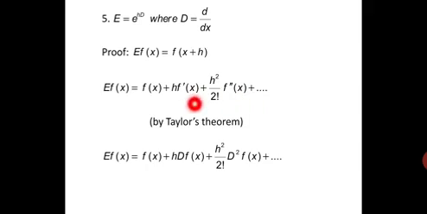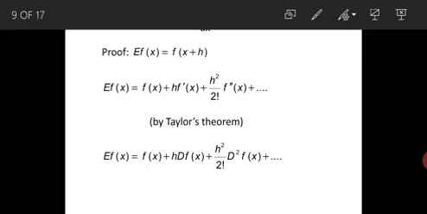Right. Now in this part, we can see I wrote f of x as it is, h as it is. This f dash, we know, means d by dx. So I wrote capital D here. Instead of this f dash, I wrote capital D of f of x. Here, D square of f of x.